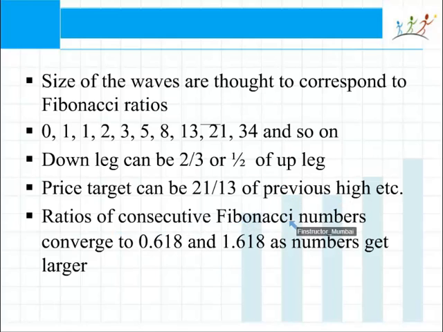The property of the Fibonacci numbers is that as the numbers get larger, the ratio of consecutive terms converges to 0.618 if I take 8/13, that is the previous two terms, or 1.618 if I take the consecutive two terms.